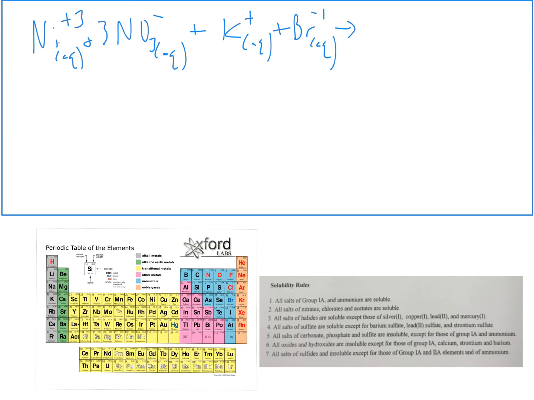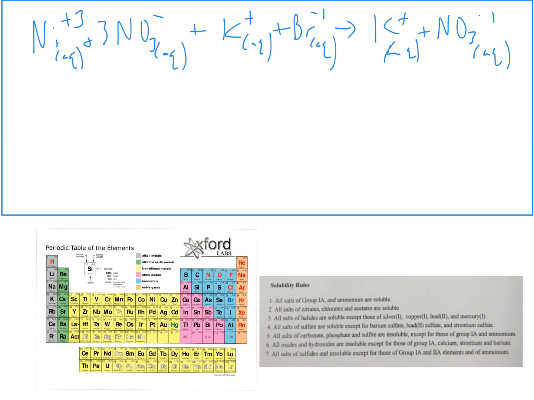Okay, so let's take a look. We got Ni plus 3, or K plus 1, and NO3 minus 1. All salts of group 1A and ammonium are soluble. So that means that K stays a +1, and NO3 stays a -1. So these stay aqueous. So even when K meets up with NO3 minus, it doesn't do anything.